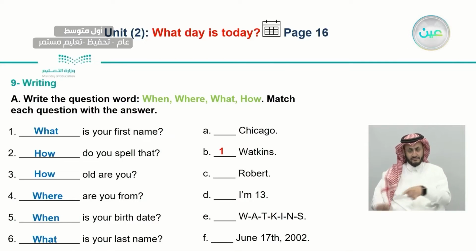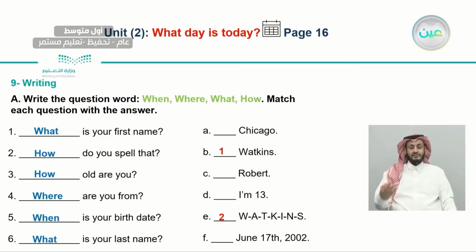Number 2, how do you spell that? The question comes right away after it. How do you spell that? W-A-T-K-I-N-S. So the letter E is the correct answer. Number 3, how old are you? Is there a number? Oh, we got 2.